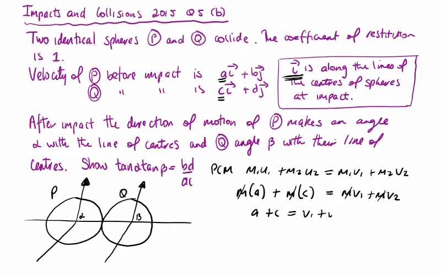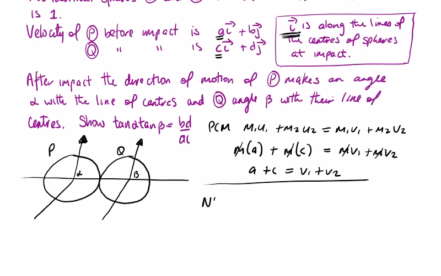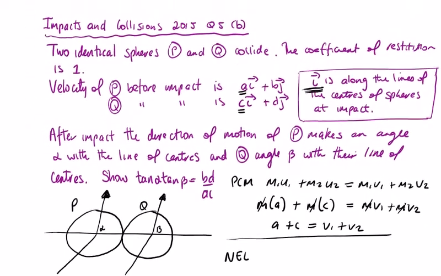If I use Newton's experimental law, we're told the coefficient of restitution is 1 in this case.